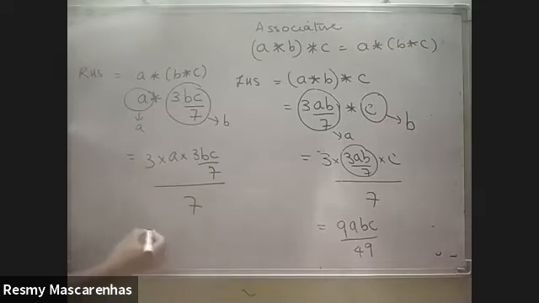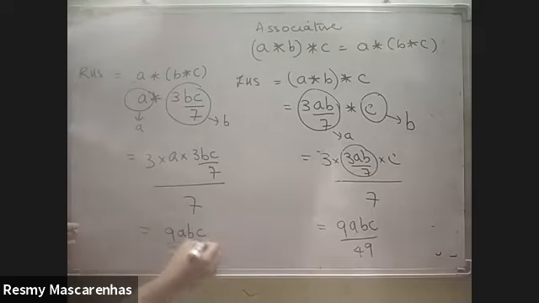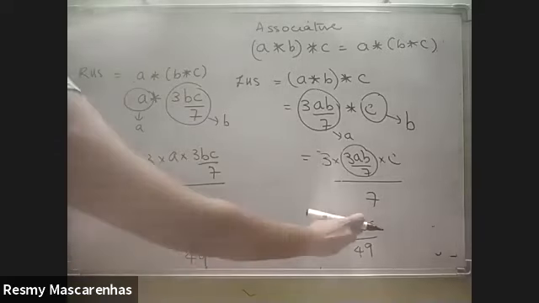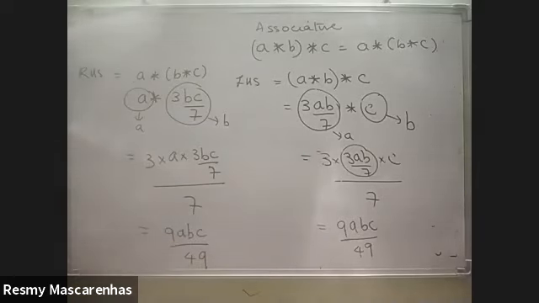Finally, you'll get the same answer: 9, and the 7 will reverse and become 49. So both the sides will get the same answer. Left hand side is equal to right hand side.